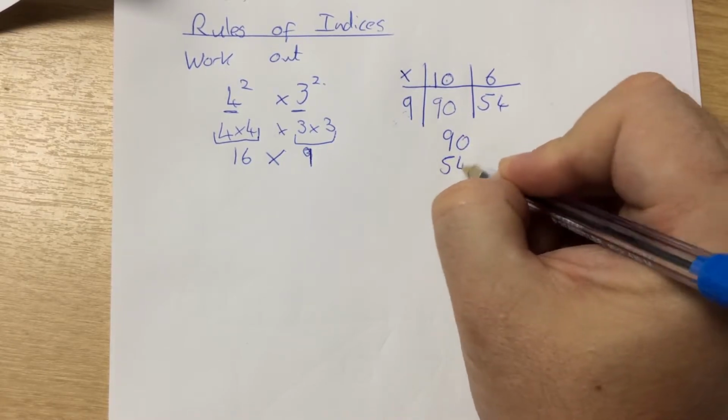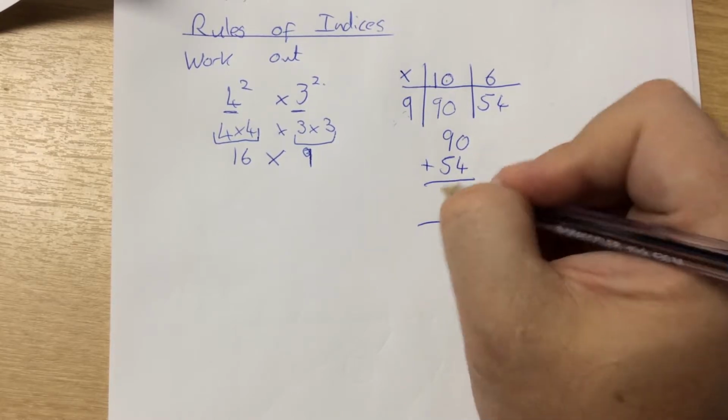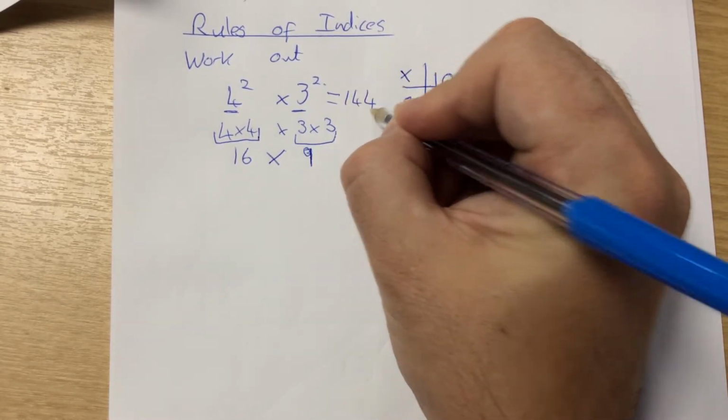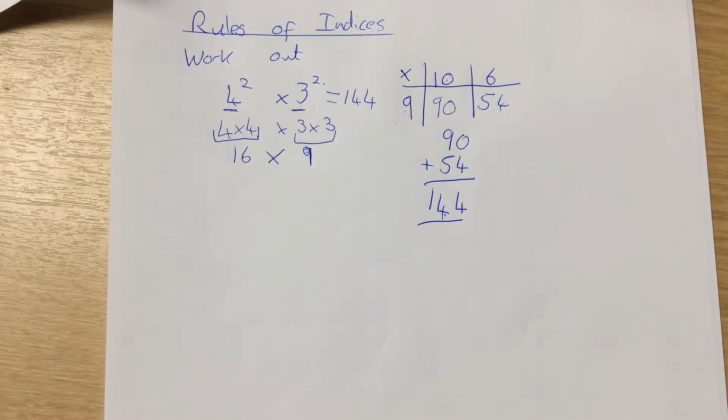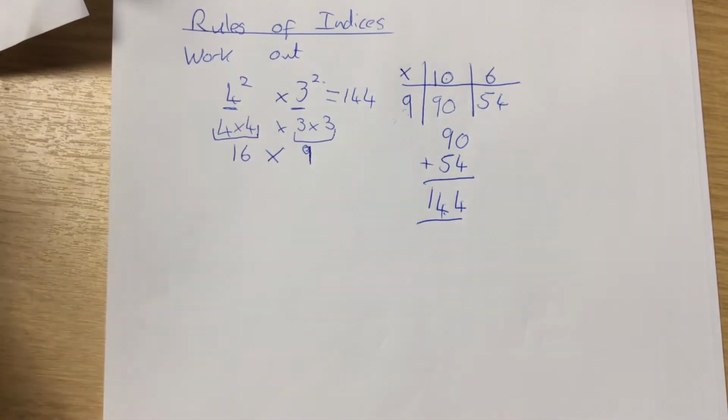So 90 add 54 is 144. So my answer to that question would have been 144. That's the first type of thing you need to know when you're working out indices, and that's when the base, the big number at the bottom, is different.